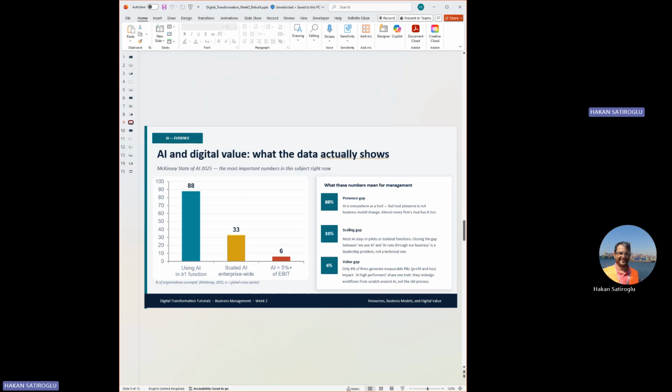Therefore, they want to implement AI. But scaling AI is really hard, because when you scale it, you need to test it, since AI is fed by data. If you don't train it, it's not going to work well, and it's going to make errors. So it's making trouble.